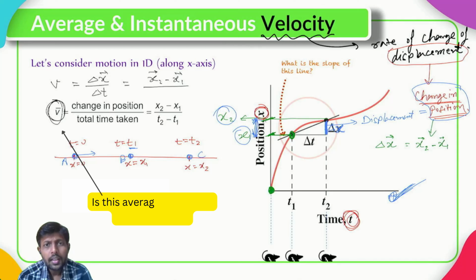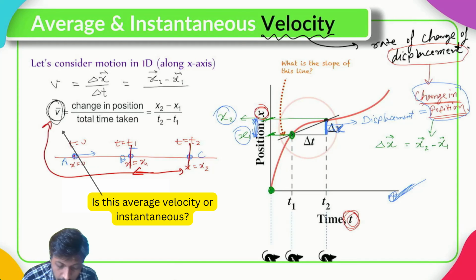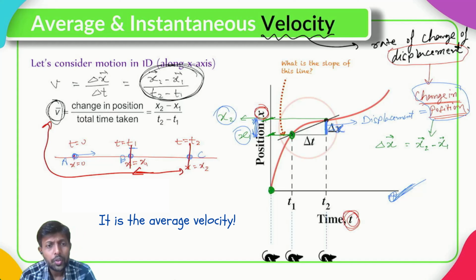So if you're tracking the velocity of the object when it was moving from B to C, only for this journey, the velocity is given by x2 minus x1 upon t2 minus t1. So this is how you get the average velocity of the object.